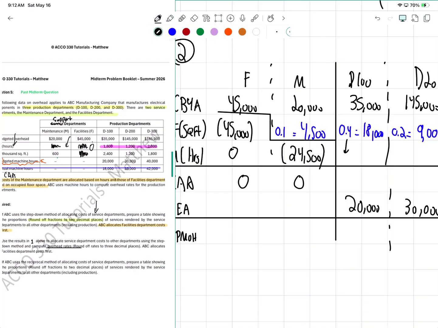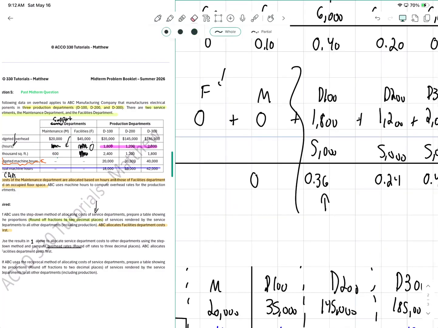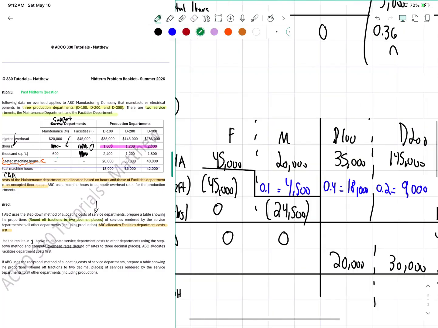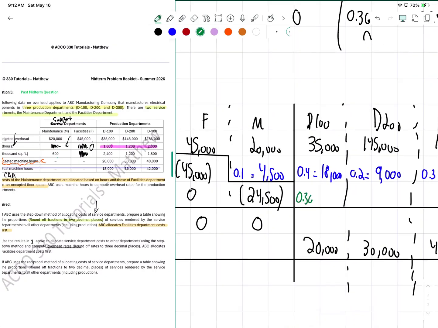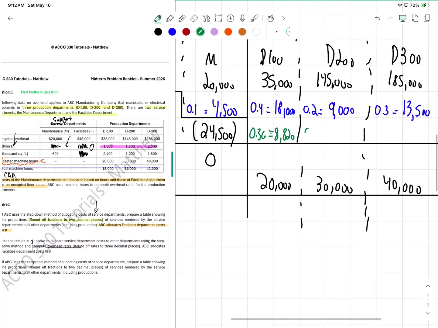Now we have to see how much D100 uses. To properly split the bill, D100 uses 36%, so we're going to write 0.36 here. 24,500 times 36% gives you 8,820. Then for D200, it's 24%.